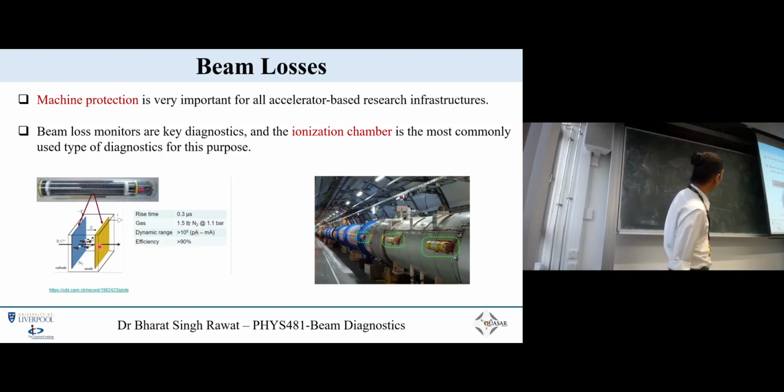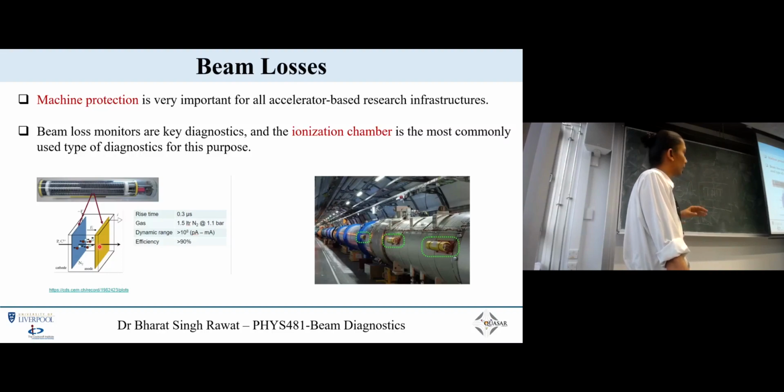The most important part of this is the electric field, which has to be kept sufficiently high. Can you guess why we should keep it very high? Any guesses? Why not a normal electric field? Why do we need a high electric field?